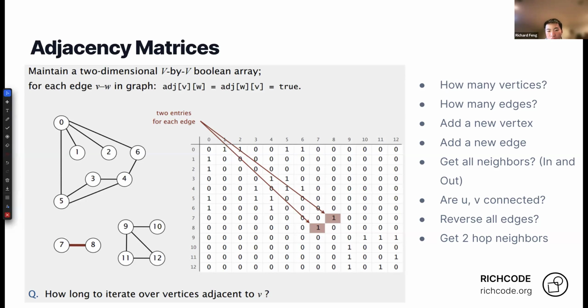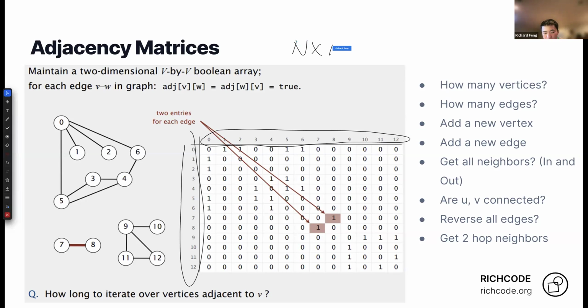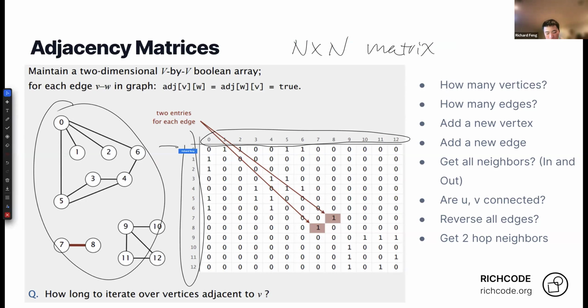The number of edges divided by 2, but yeah, so size. The size of the matrix is the number of vertices. So we can look at the top or the side. They should be the same since it's an n by n matrix. So in this case, there are 13 vertices. And this also corresponds to, this is the graph and this is the matrix, so they're the same. Yeah, so the size of the matrix is the number of vertices.